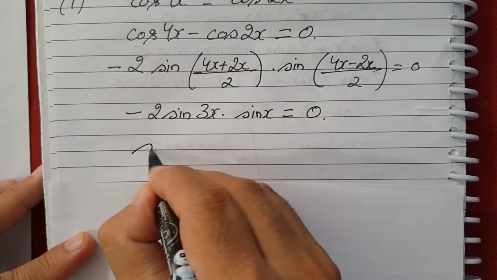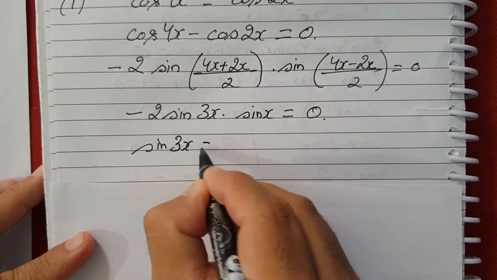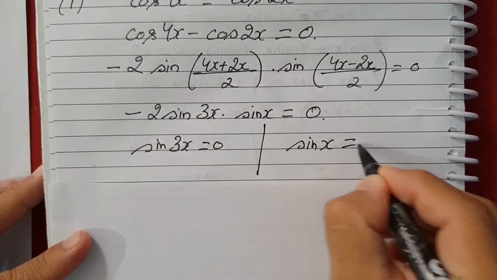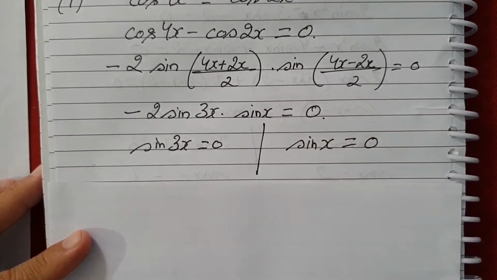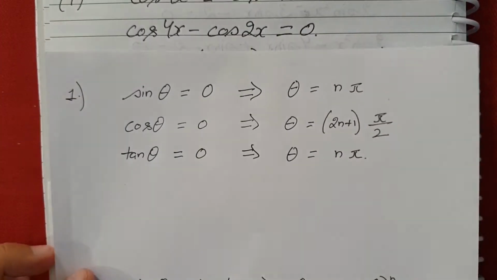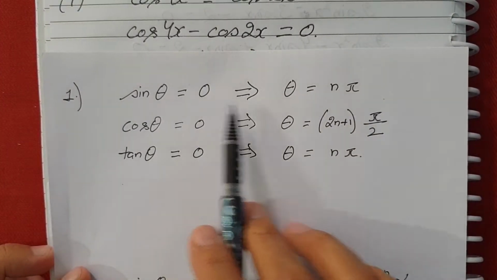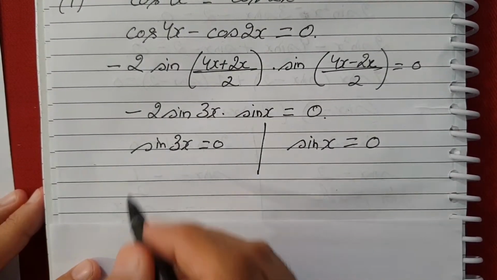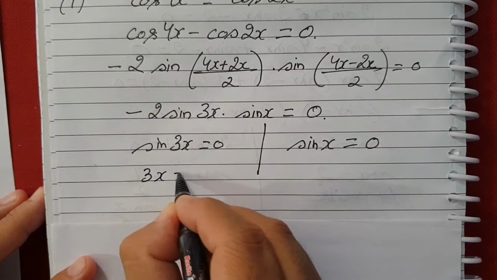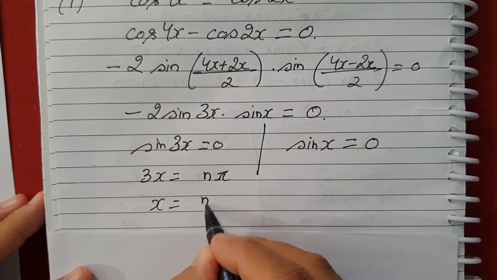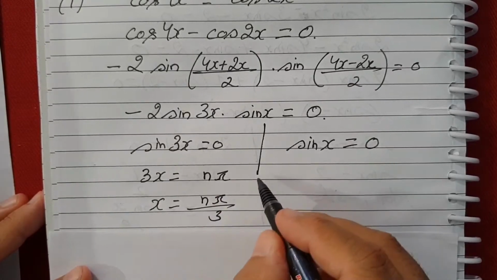So either sin 3x equals 0 or sin x equals 0. So we know that this is the formula sheet. Sin theta equals 0, theta is n pi. So for this, sin 3x equal to 0, 3x equals n pi. So what is x? n pi by 3.